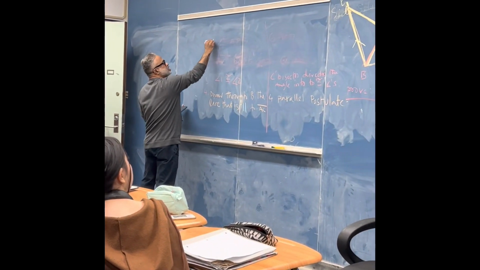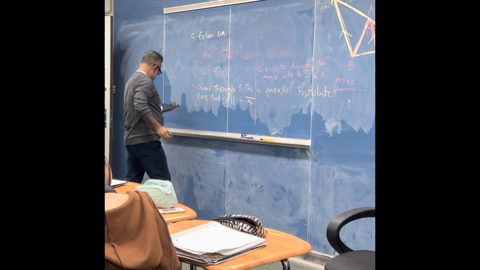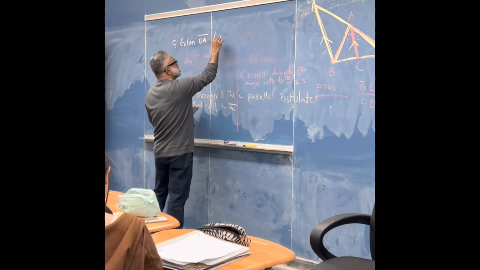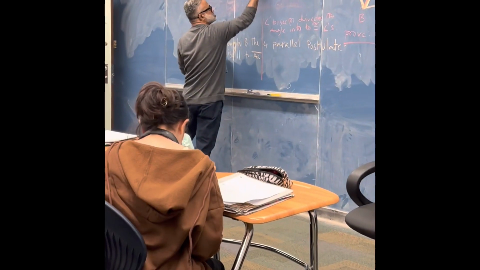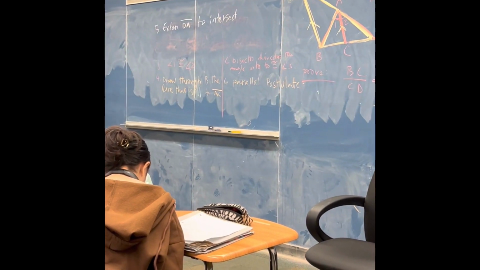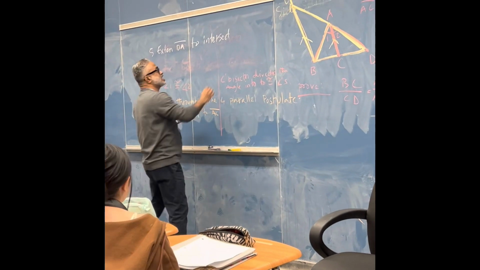So we say, 5: extend DA to intersect. Intersect which line? Guys?